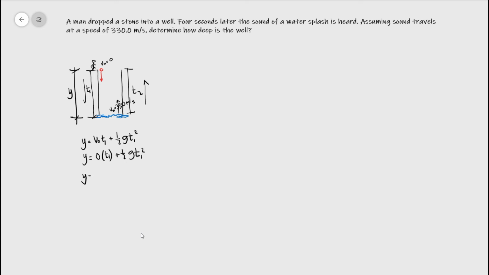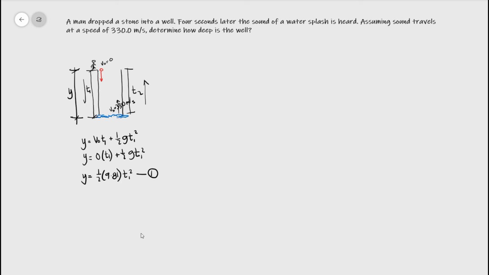Therefore y is equal to 1/2 times 9.81 t sub 1 squared, wherein we do not know the value of y and t sub 1. Let's say this will be our equation 1.